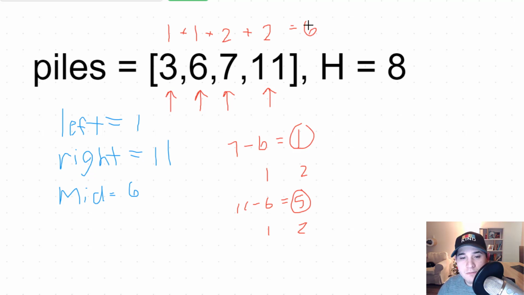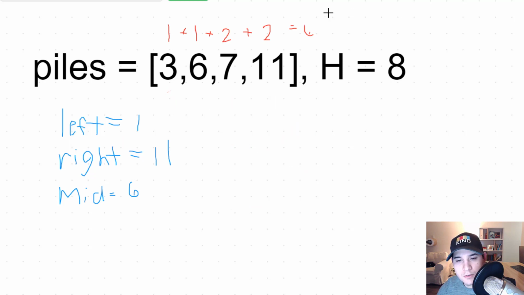We know that this value 6 worked, but we still want to try to get to a better solution. So now we can set right equal to whatever mid minus 1 is. So now our right becomes mid minus 1. So this is going to become 5, right?